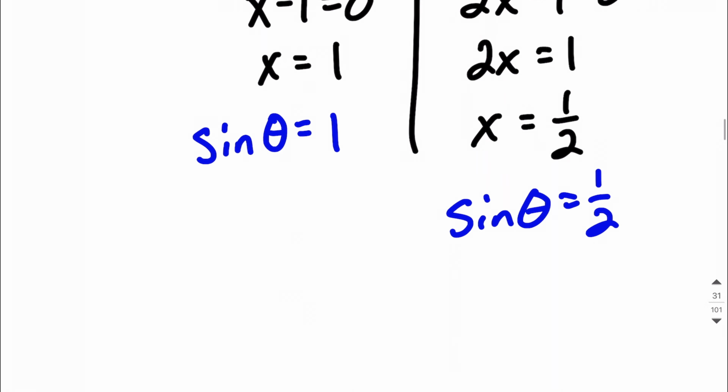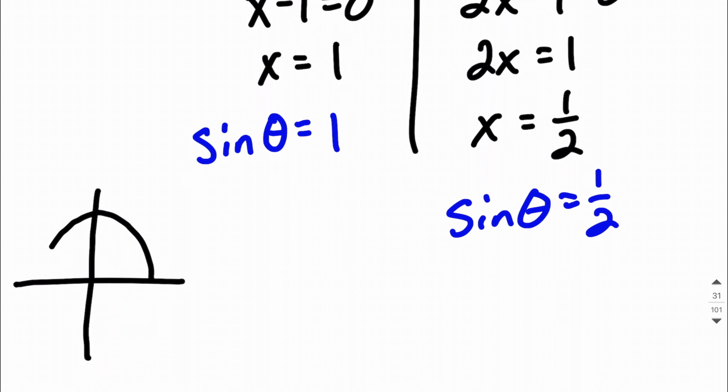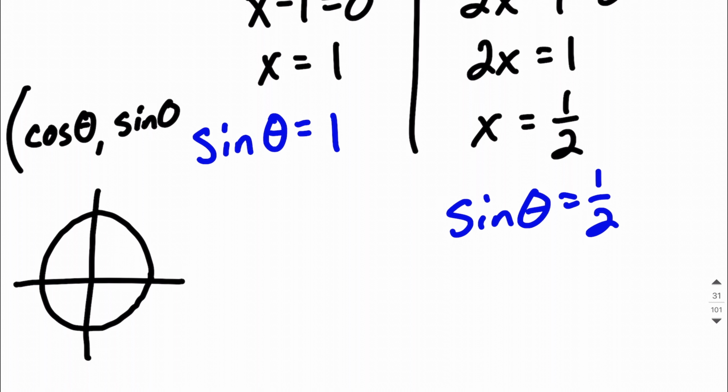When we have sine of theta equals 1, whenever I have ones or zeros or negative ones, what I like to do is think about our unit circle to help me out. The unit circle going around here, cosine is the x value for an ordered pair on the unit circle, and sine is the y value for a point on the unit circle.